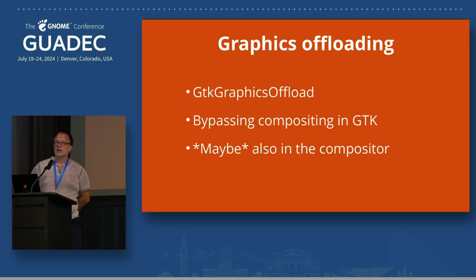And if we get really lucky and the right circumstances are there, for example, the window is full screen, we might even be able to also bypass the compositing on the compositor side. And the compositor might be able to directly use the DMA buff and pass it on to the kernel APIs, which then gives us a zero copy path from decoding the video all the way through sending it from the client to the compositor and eventually getting it displayed on the monitor.